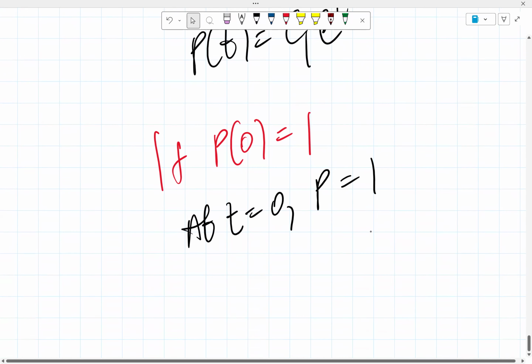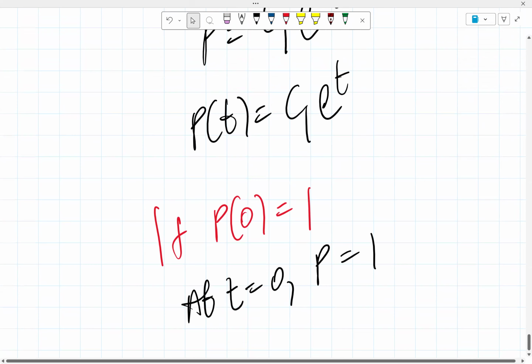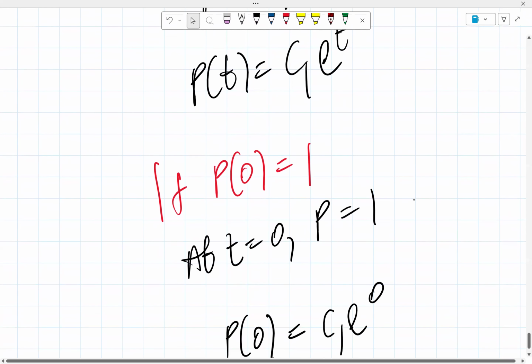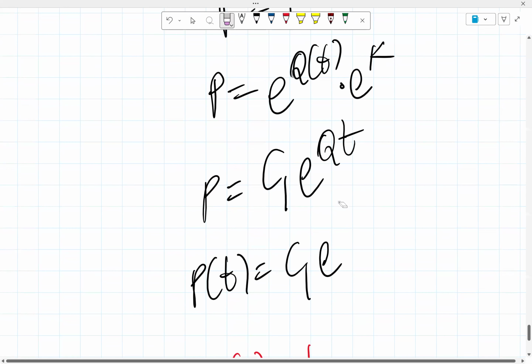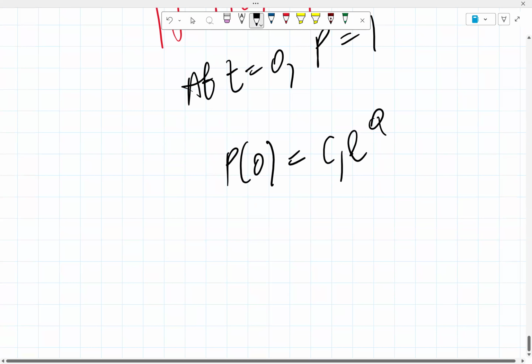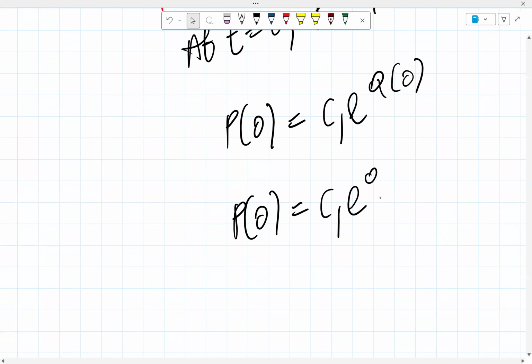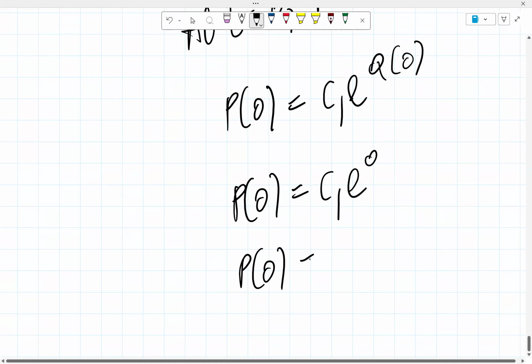So we then have that P of 0 is equal to c1 e raised power Q times 0. I've also skipped the Q here. So that means P of 0 is equal to c1 e raised power 0. That means that P of 0 is equal to c1, because e raised power 0 is also 1.